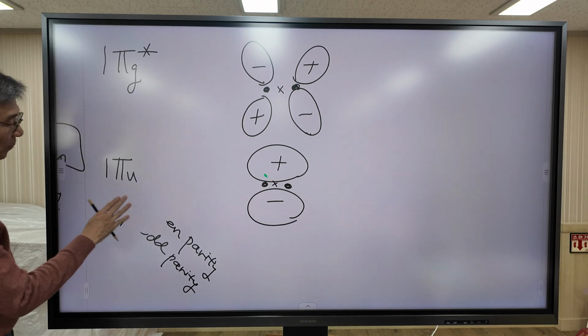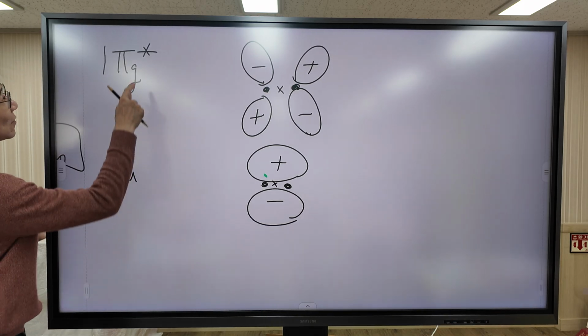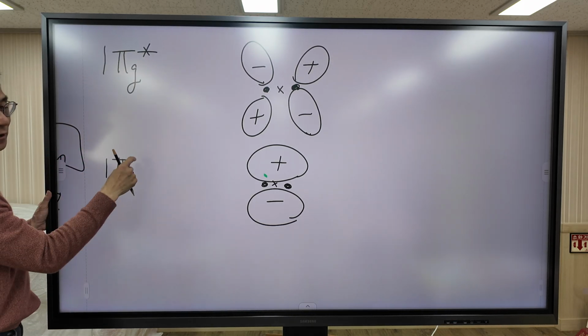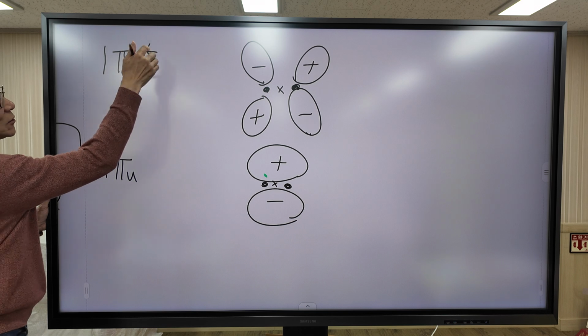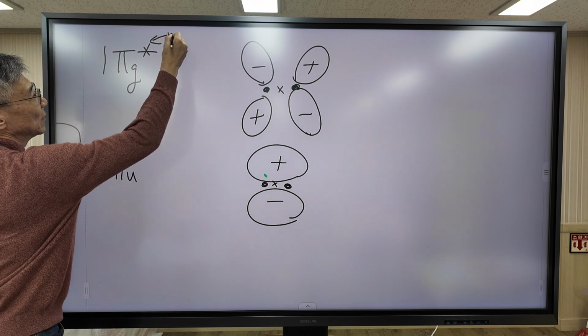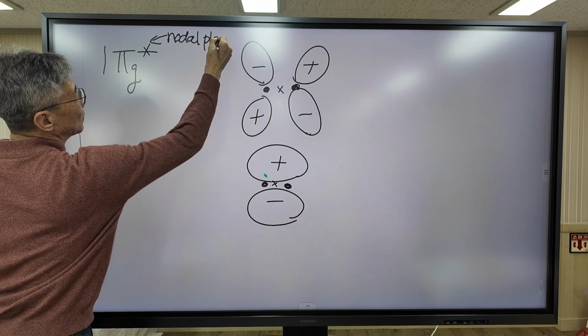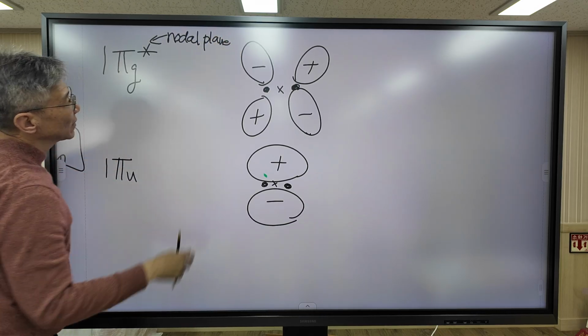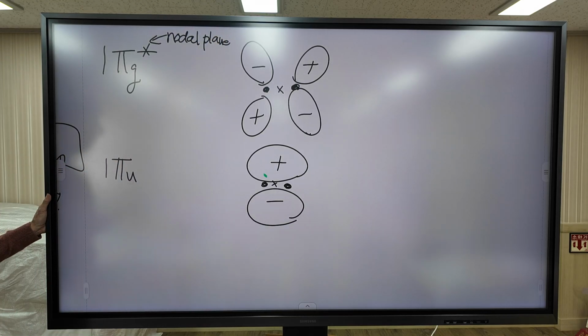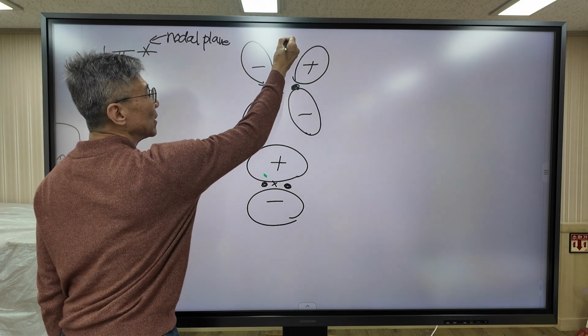Now, the asterisk mark, or no mark, is related to the nodal plane. A nodal plane is defined as where the wave function is 0. Now this is the nodal plane.